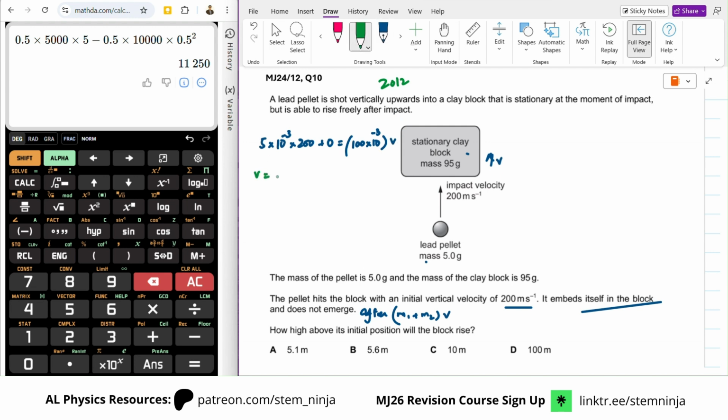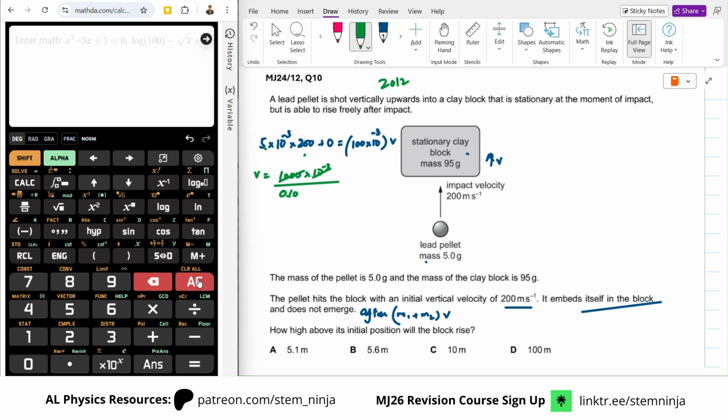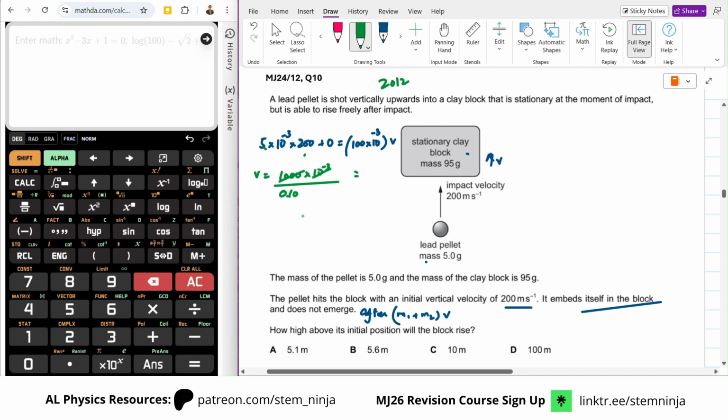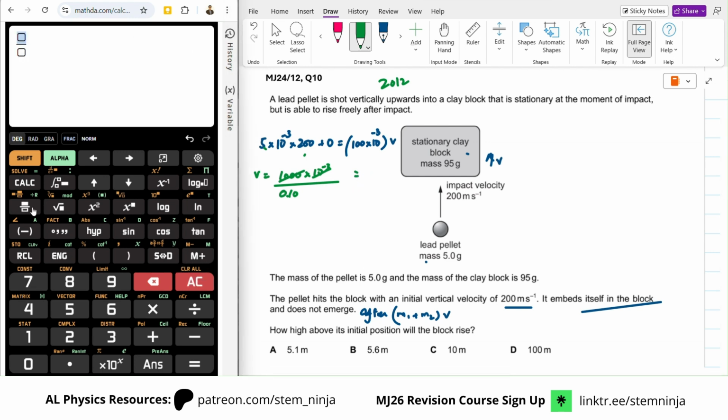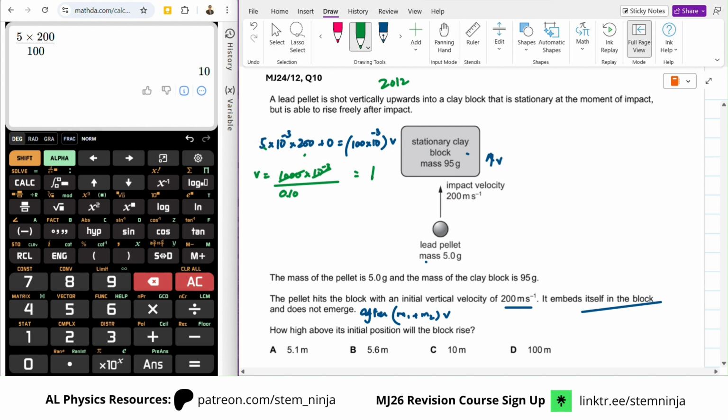So V would be 5 times 200, 1000, times 10 raised to power minus 3, which basically cancels out with the 100 grams, so this turns out to be 10. Just to make sure we are correct, 5 times 200 times 10 to the power minus 3, divided by 100 times 10 to the power minus 3, gives 10.